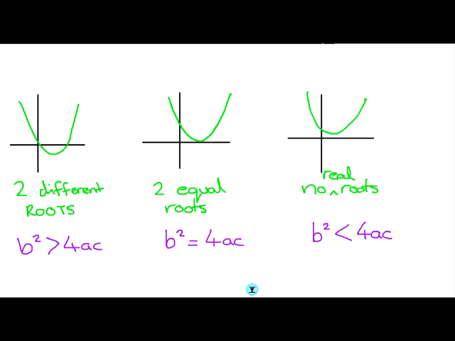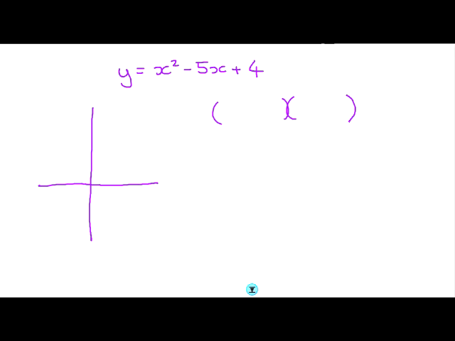I've just got to create a new page. So let's take something quite easy. So y equals x squared minus 5x plus 4. And let's just draw a really bad axes. Here we go. So the things you need to know is about solving this. When we're trying to solve, we're always going to try and factorize first for two brackets.